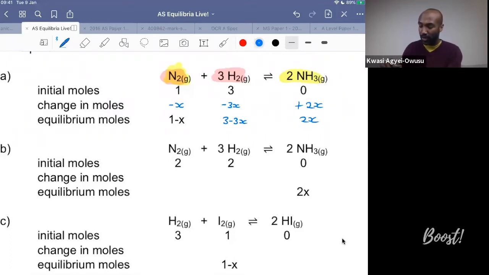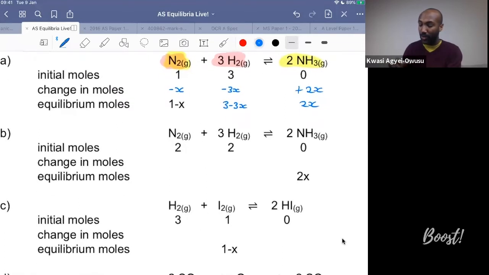Let's do one more example. This time round at equilibrium, we're told how much ammonia we've got. Okay, so we've got 2x of ammonia made. Now, if we want to know what the change in moles of our nitrogen is, we need to go back and think about the ratio of nitrogen to ammonia. It's 1 to 2. So if we're making 2 moles of ammonia, we would have had to use 1 mole of nitrogen to make it.